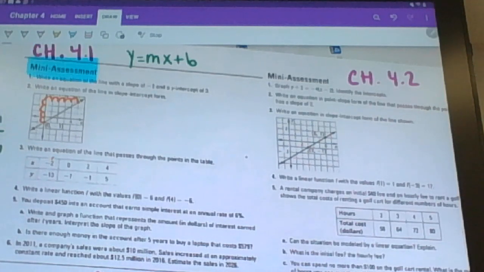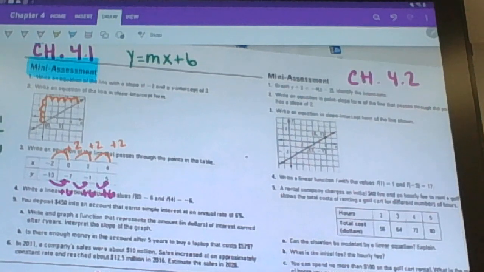The x's are changing, I say, up 2. The y's are going up. That is kind of hard to see.